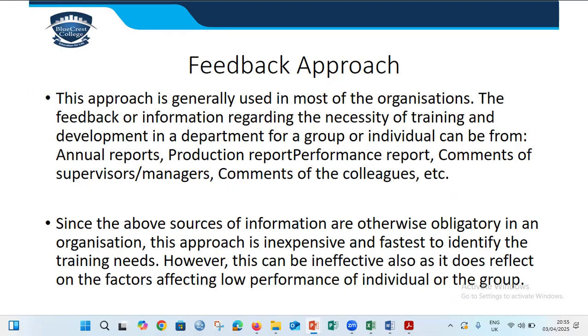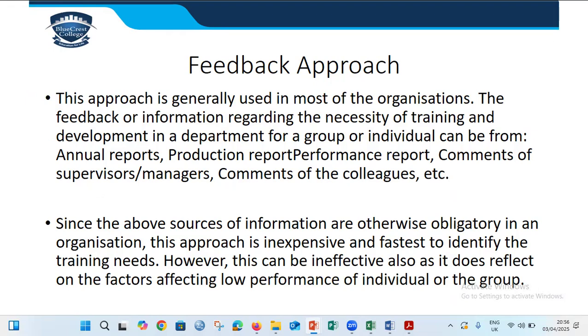So, for example, if someone is working in a manufacturing company and that person is producing beverages, if at the end of the period there are maybe 40% of the products that have defects and so they cannot be sold, what it means is that that report that shows that 40% of the products that were manufactured have gone waste shows that there's the need for training. So this is the feedback approach where you have feedback from the major stakeholders.